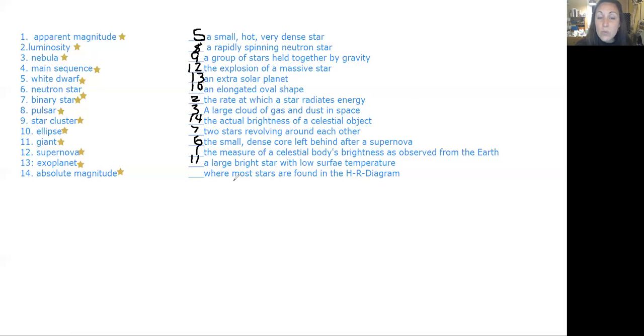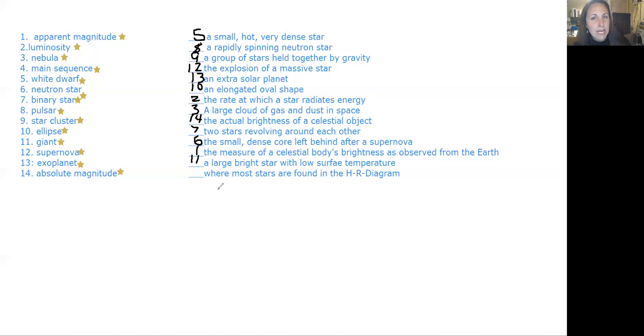And the last one, where most stars are found in the HR diagram. If you remember that HR diagram we did a couple days ago, it places on the scale where it categorizes different stars. Is it a white dwarf? Is it a main sequence star? Is it a giant, or is it a supergiant? If you remember, our own sun, which is a star, falls in that main sequence of stars.